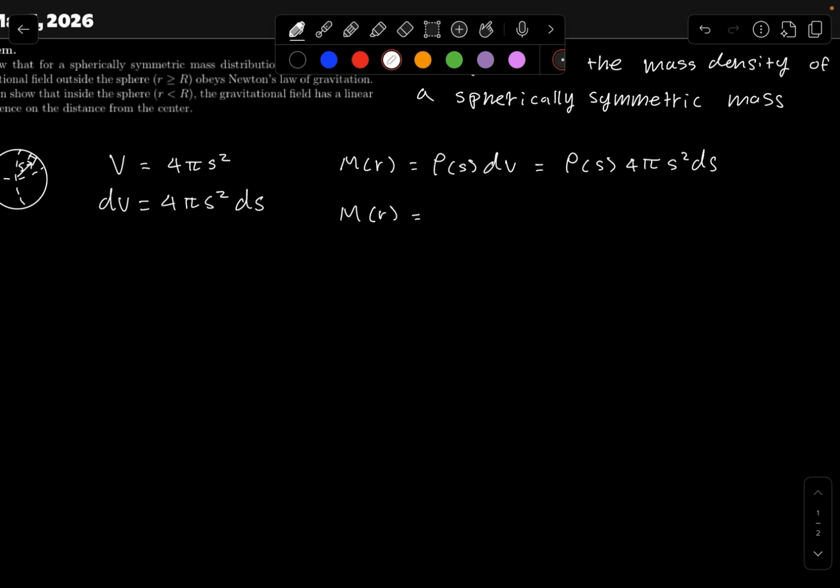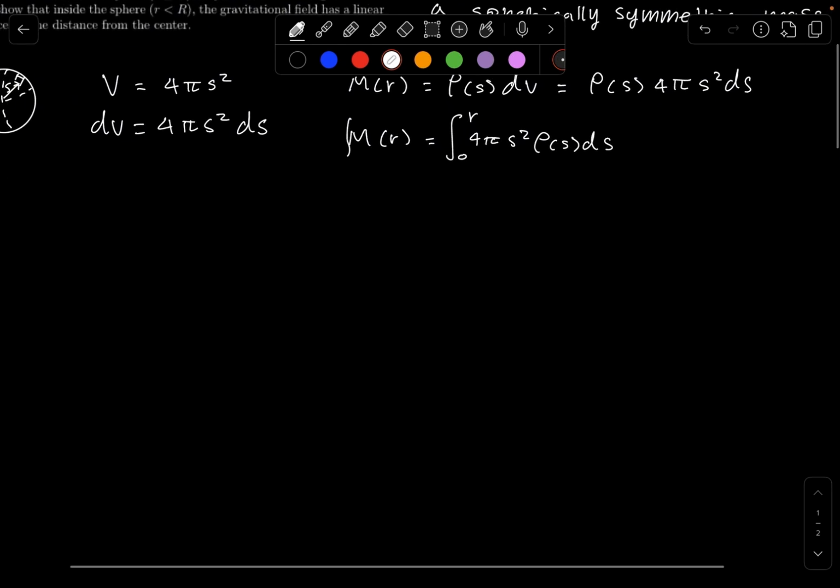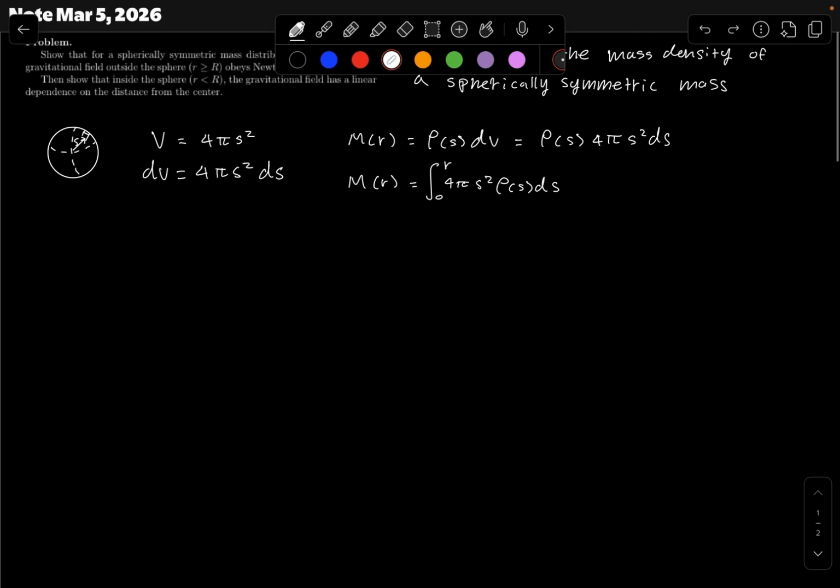And then we need to integrate from 0 to R, so the integral from 0 to R of 4 pi s squared rho of s ds. Okay, so that's our mass equation.